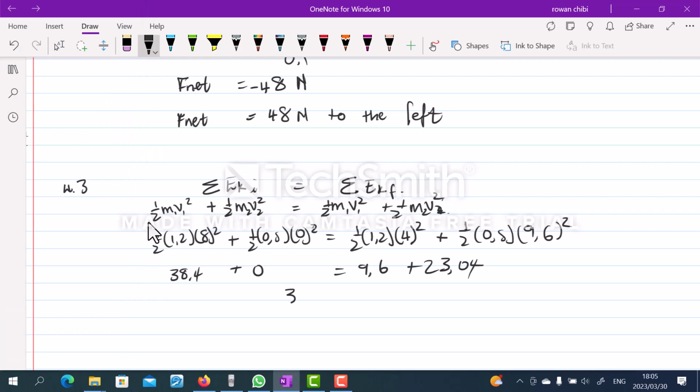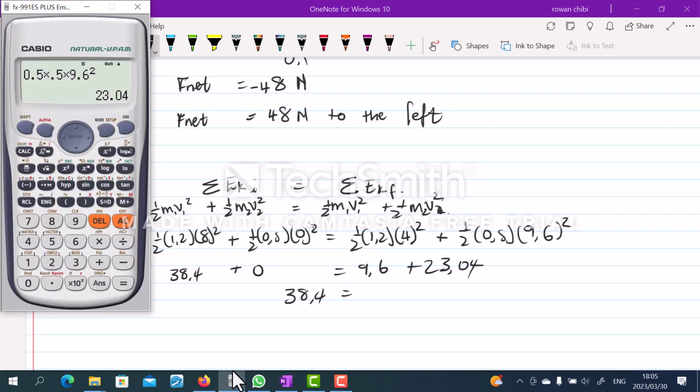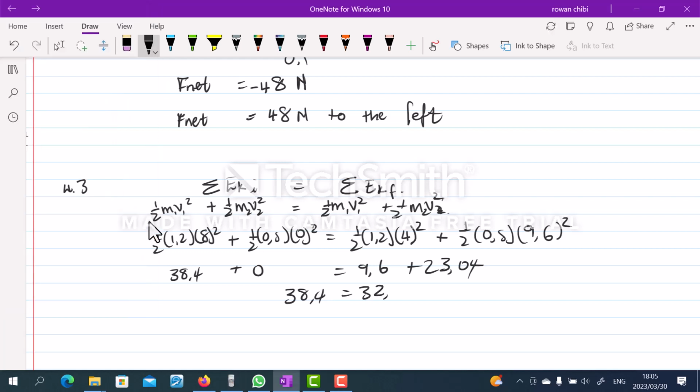Then on the left we have 38.4, and then on the right we have 9.6 plus 23.04. So on the right we have 32.64. So you can see that this and that are not equal. The sum of the kinetic energy before was bigger than the sum of the kinetic energy after.